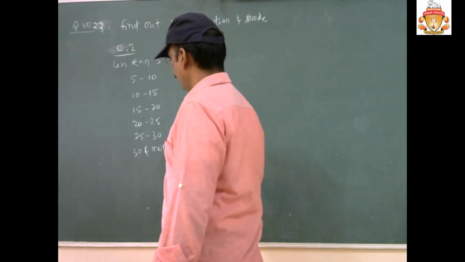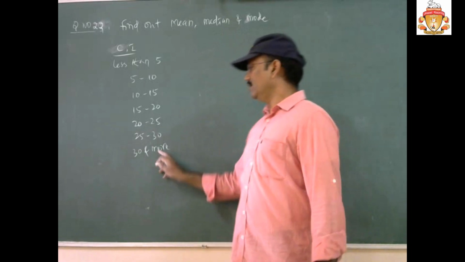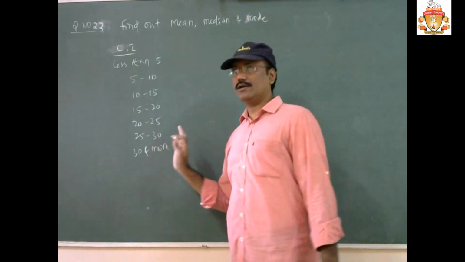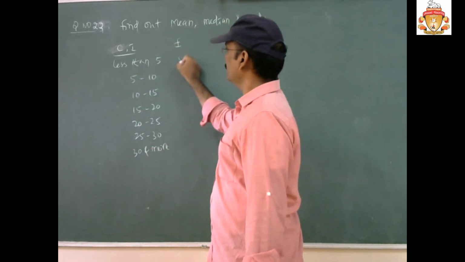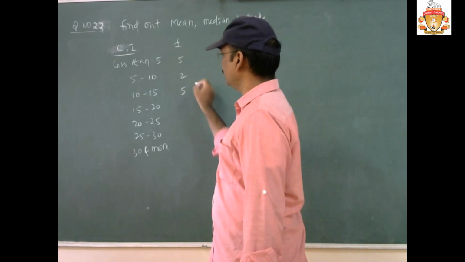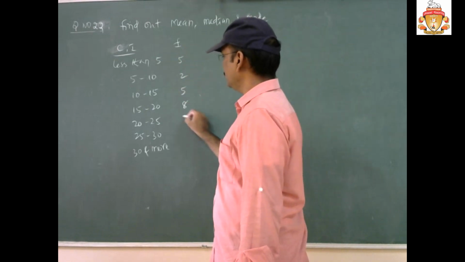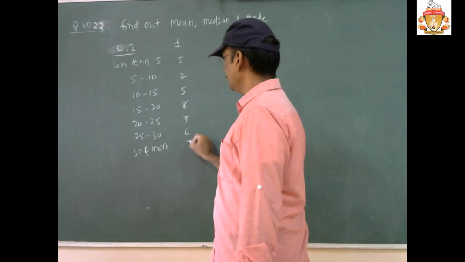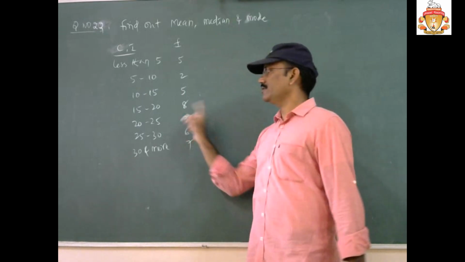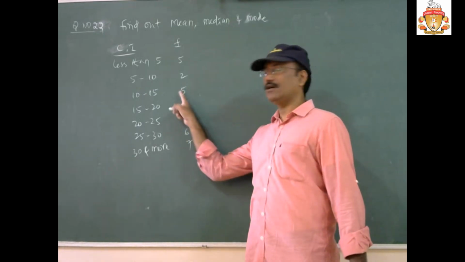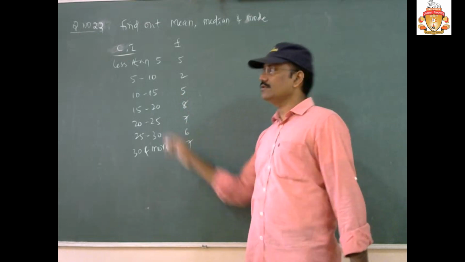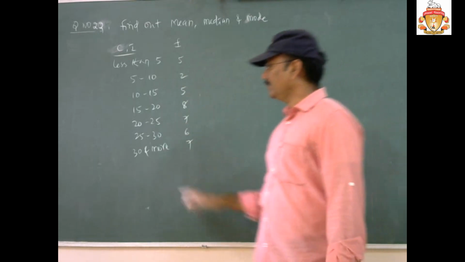So I used a different name here, but it is an open class only. Frequencies: 5, 8, 7, 6, 7. So the highest frequency is 8 here. 8 minus 5 is delta 1, 8 minus 7 is delta 2. So the mode is possible. Now in this question, less than 5 means what?